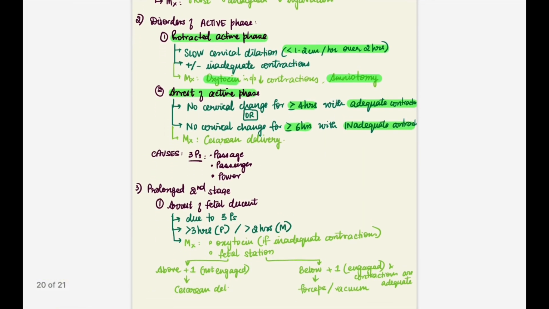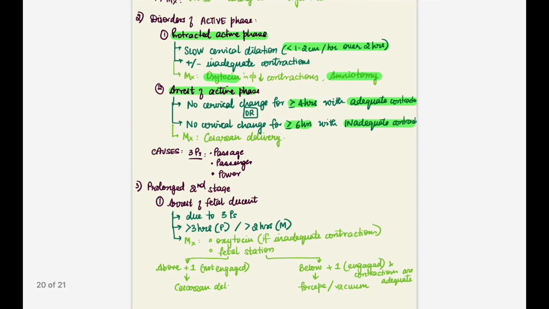Now, when you assess a patient, if there is 60 to 90 minutes of pushing and the patient has not delivered yet, if there is a fetal descent of more than 1 centimeter in that time, or if you find that the fetal head position has rotated from an initial unfavorable position to an occipito-anterior position, then you can safely continue supportive care as long as the fetal heart rate is reassuring and you can wait for a vaginal birth.